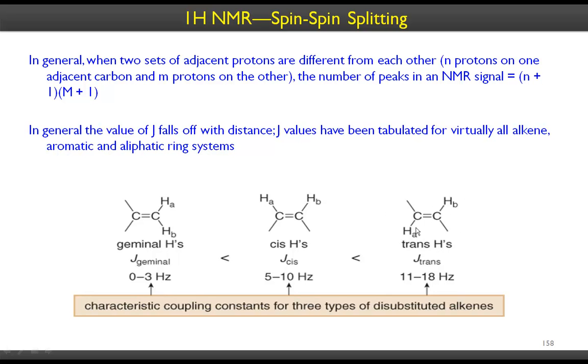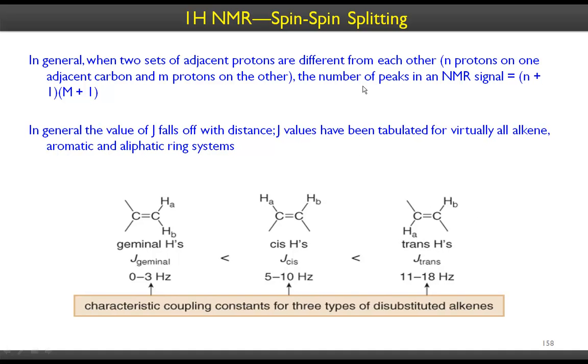If it is a trans alkene, let's say these two are isomers of the same alkene, we can tell them apart by looking at the coupling constants. If the coupling constant between A and B, JAB, is 5 to 10 hertz, then you can say they are cis related. If the coupling constants are higher, bigger, then you can tell them apart as a trans isomer.